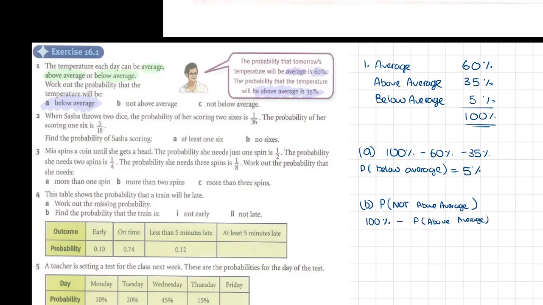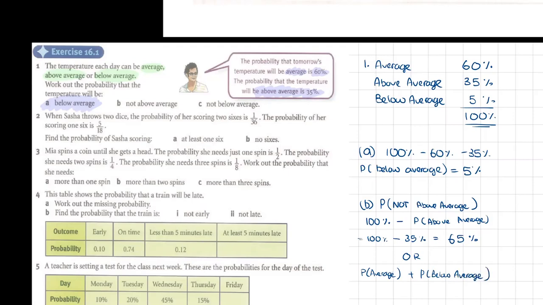So I can use this method and say 100% minus 35%, and then the answer would be 65%. Or I can just add the other two possible outcomes, which should be average plus below average. It will get the same answer.